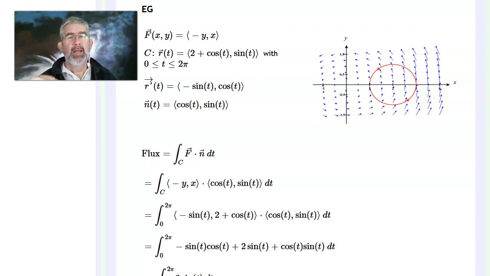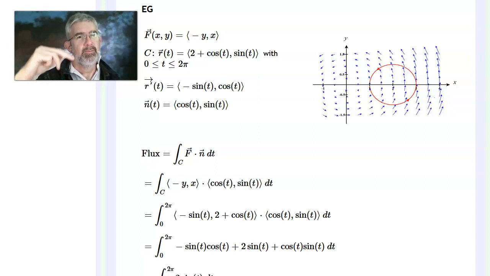If the vector field is a velocity field, then the flux integral is measuring the amount of stuff that's passing through that curve, directly through. So if it's going sideways through, it's only counting the perpendicular part of that motion.